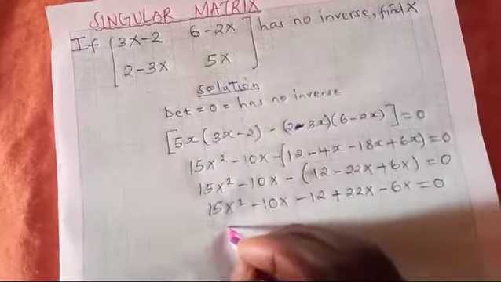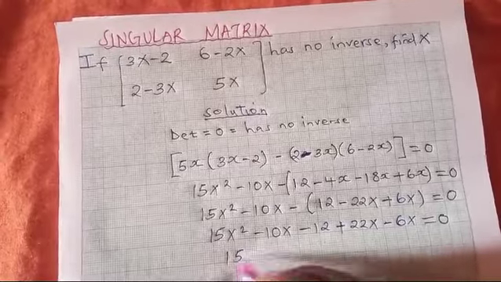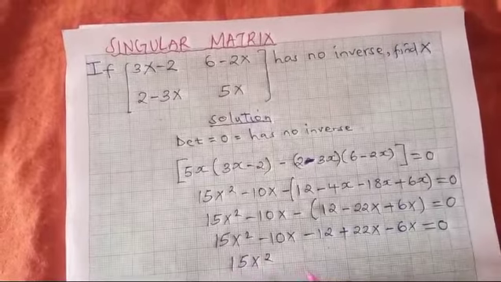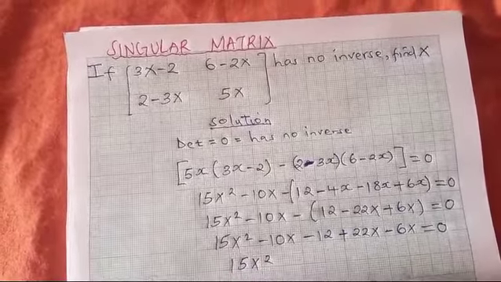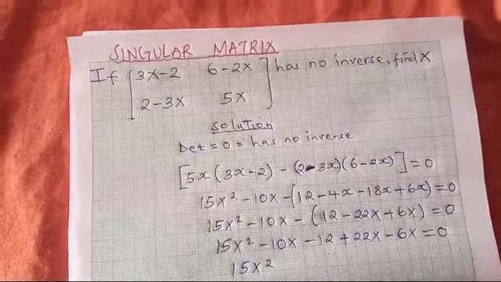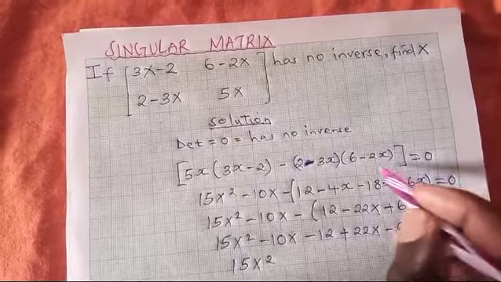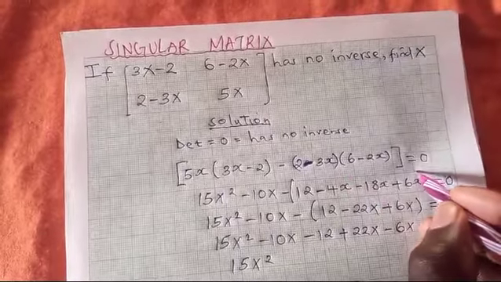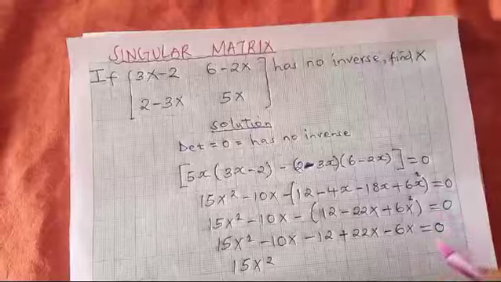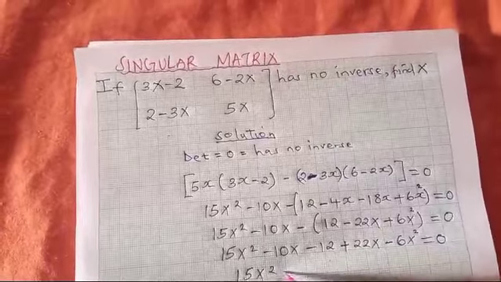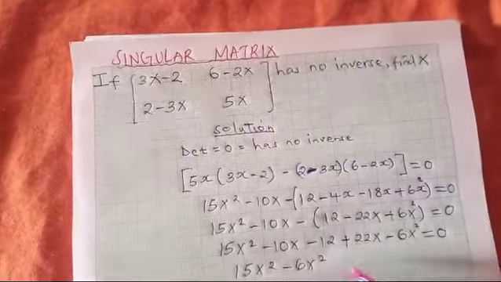Put like terms together again. So we have 15x squared. Then we had a square somewhere. This is supposed to be, in fact, 6x squared here. Then minus 6x squared.